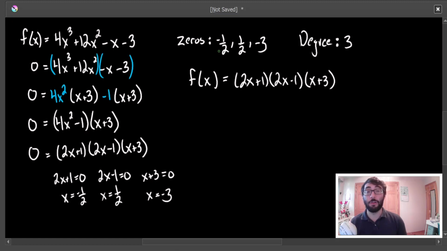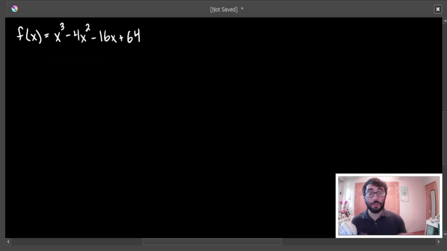But let's go ahead and take a look at a new problem. So let's take a look at this problem here. Once again, we're going to go ahead and find out how many zeros there are, but first things first, I'm going to make note that the degree of this function is 3, so we should end up with 3 zeros. Now, to find those zeros, we have to set this equal to 0 and solve, so let's go ahead and do that.